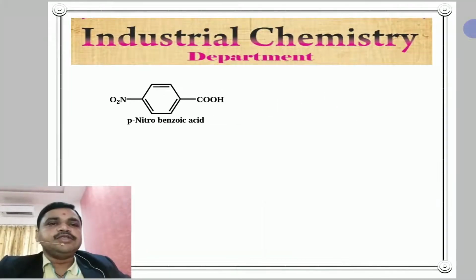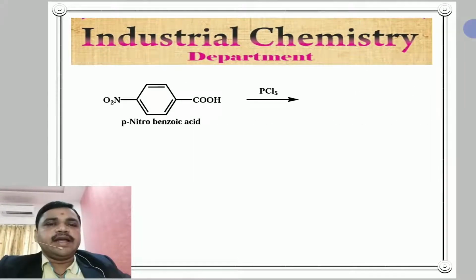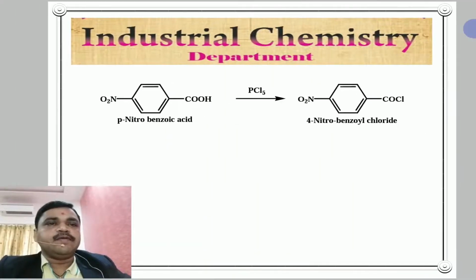Now we start with para-nitrobenzoic acid. The structure is stated here. This para-nitrobenzoic acid is treated with phosphorus pentachloride, PCl5.